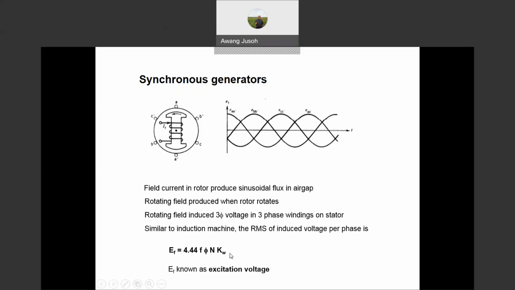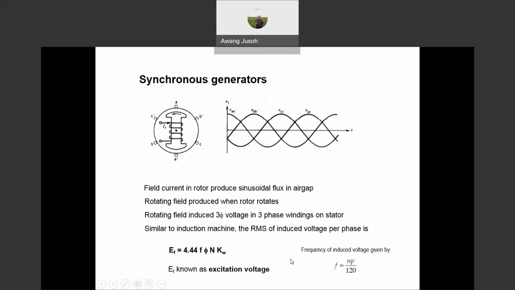The excitation voltage produced in this machine equals 4.44 multiplied by F multiplied by flux and Kw, where EF is known as the excitation voltage. Later on we will go into more detail on what excitation voltage is, but briefly, it is given by this equation.